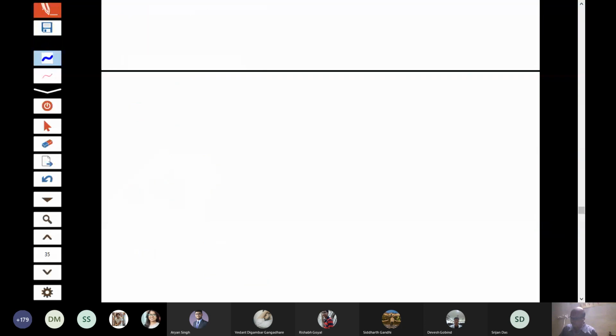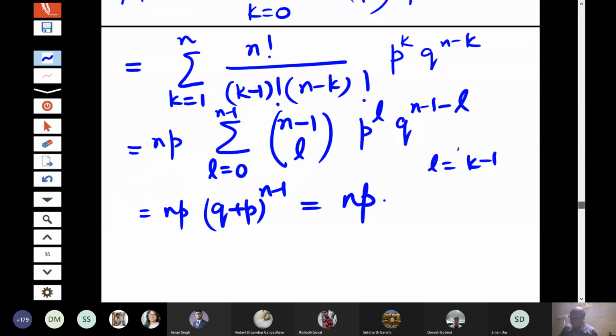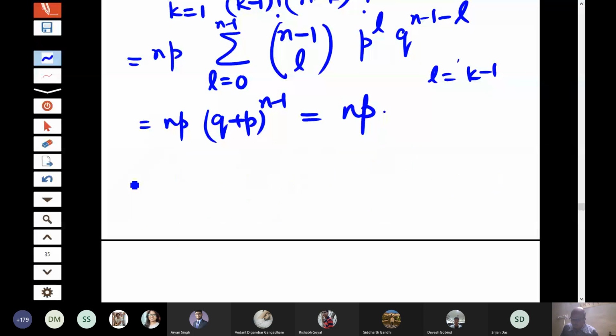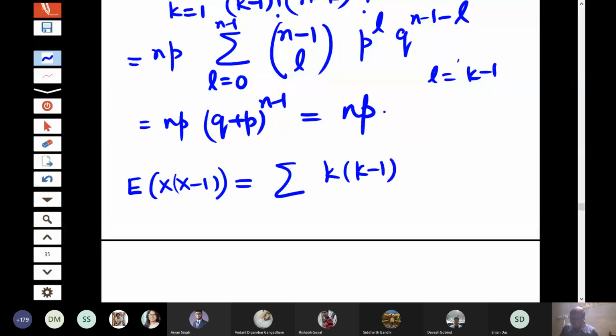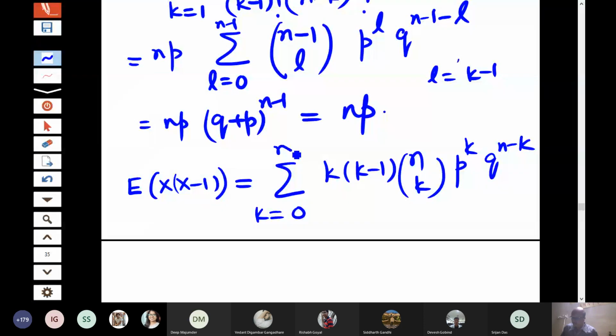So we look at the expectation of x into x minus 1. That is the sum of k into k minus 1 nCk p to the power k q to the power n minus k, k equal to 0 to n.